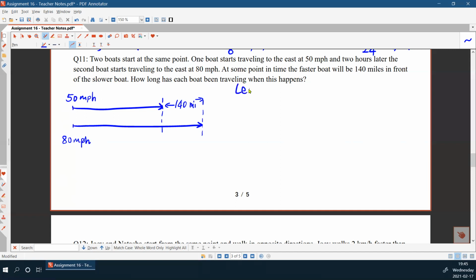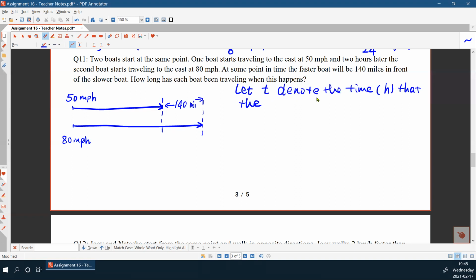Okay, suppose we use a letter T to denote this time. So let T denote the time. Okay, the unit is hours. So who starts first? The slower boat starts first, right?